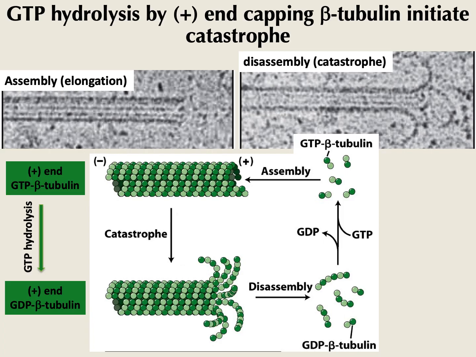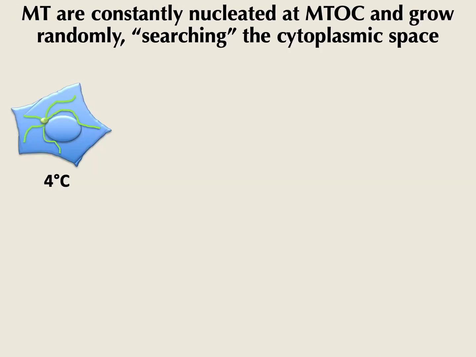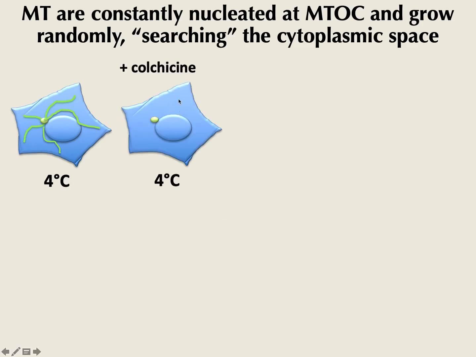Okay, because indeed there's very little growth from random places in the cell. So in this experiment, you start with a cold cell, and before you add the tubulin, you treat with colchicine. Colchicine is derived from a plant, and what colchicine does, it depolymerizes microtubules, right?